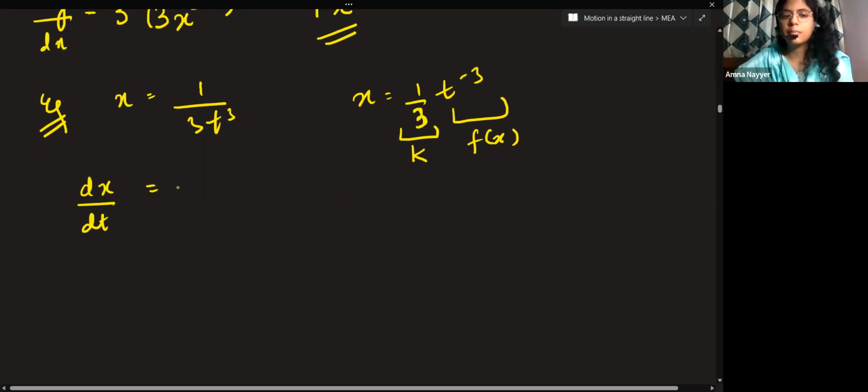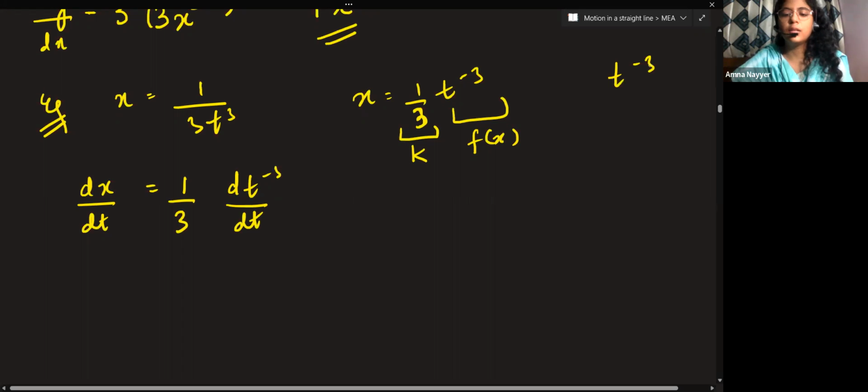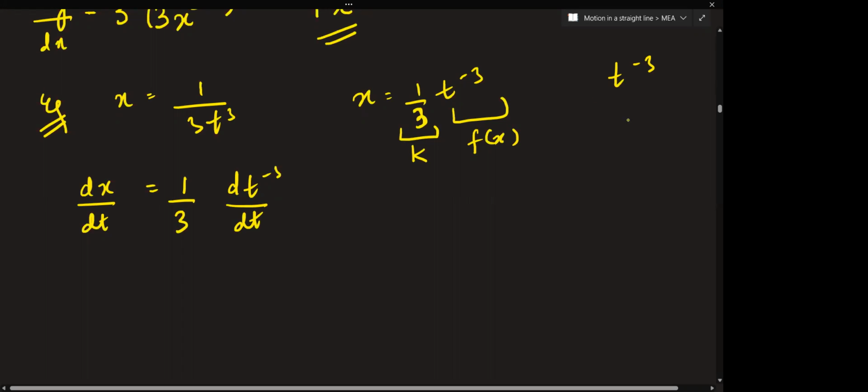So what's the first step? First, eliminate the constant because you have to multiply it with the constant. So 1 by 3 has been eliminated. Now I have to differentiate t to the power minus 3 over dt. Now, Aram, t to the power minus 3. Can you please try? Yes, ma'am.